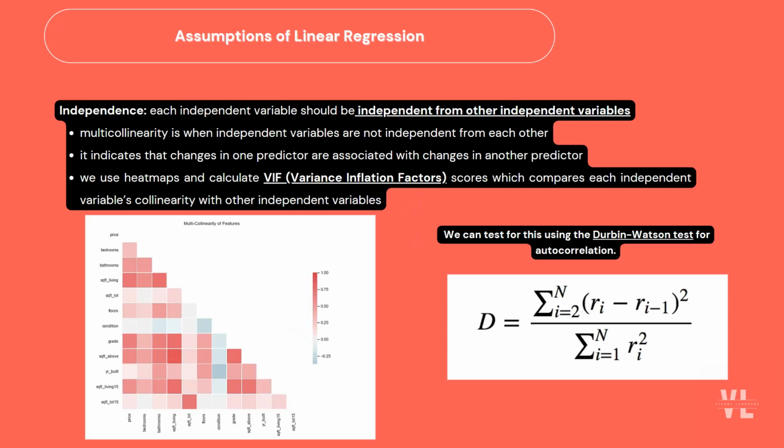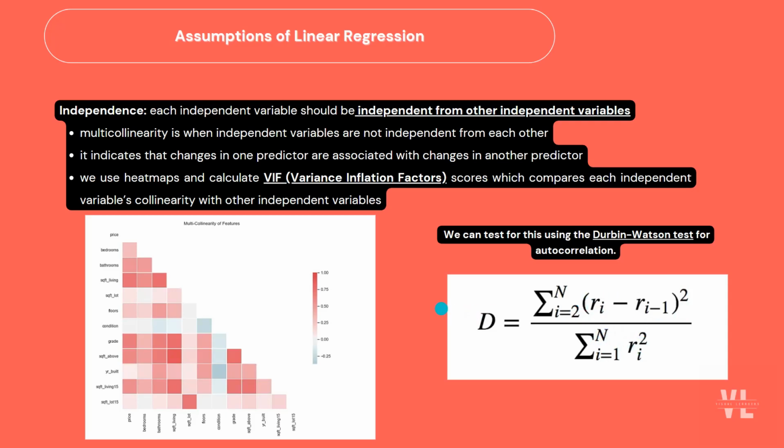We can test this using the Durbin-Watson test for autocorrelation. This is a test we perform to see the autocorrelation between variables, and the formula uses residuals: the current residual minus the previous residual, squared and summed, divided by the summation of the square of the current residuals.